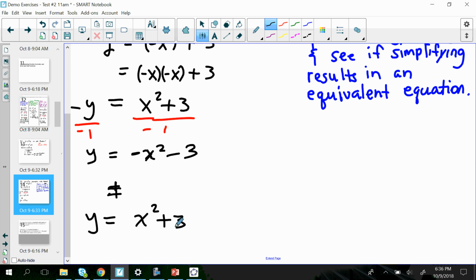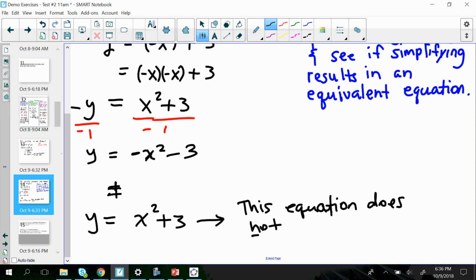Right, so not the same, therefore this equation is not symmetric with respect to the origin.